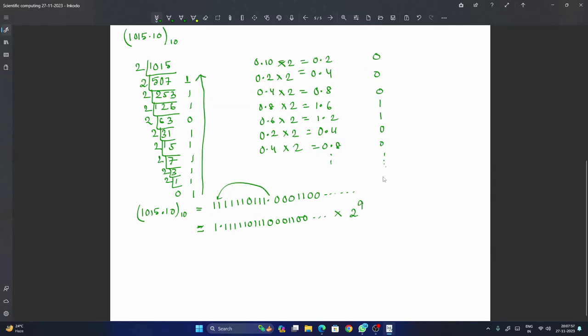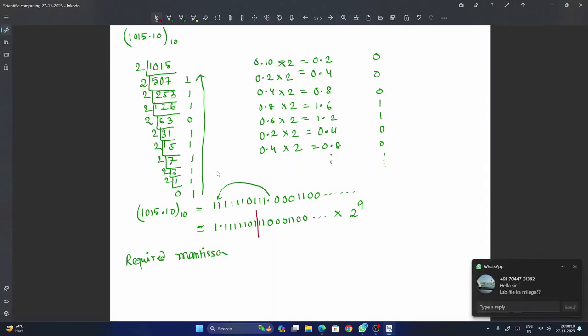That is the format. That means here your required mantissa will take only the 1 and 7 digits after the point, 1 2 3 4 5 6 and 7, so just cut it from here. And then it is 2 to the power 9.